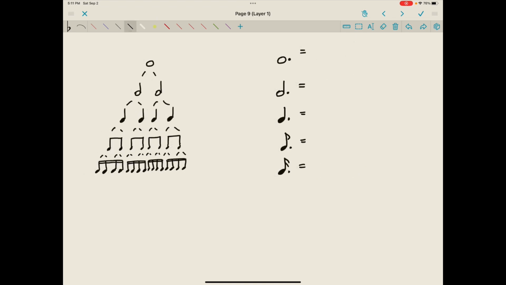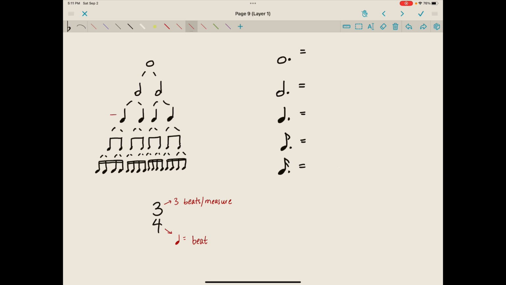So let's return to the time signature that was presented in our lesson, 3/4 time. The top number tells us there are 3 beats per measure, and the bottom number tells us that a quarter note is the beat or pulse note.